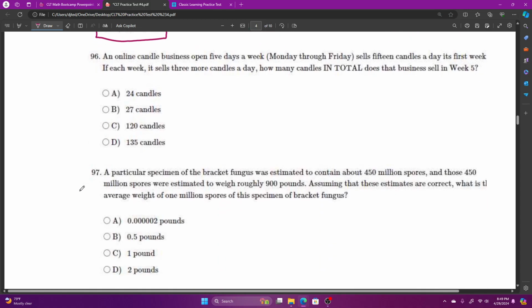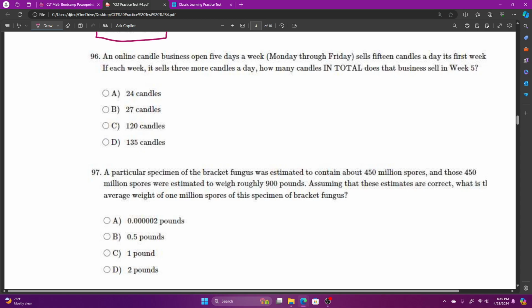Number 96. An online candle business, open 5 days a week, Monday through Friday, sells 15 candles a day its first week.